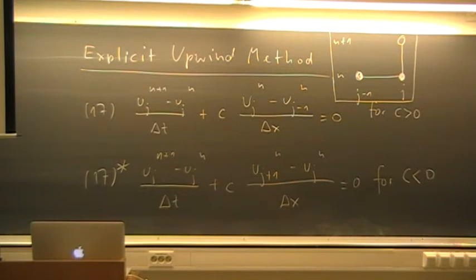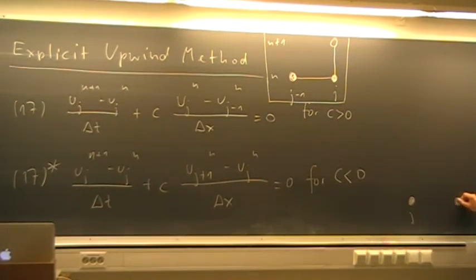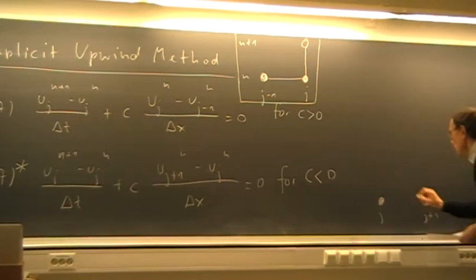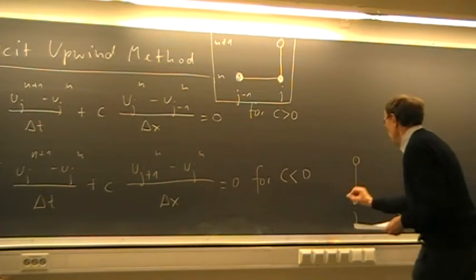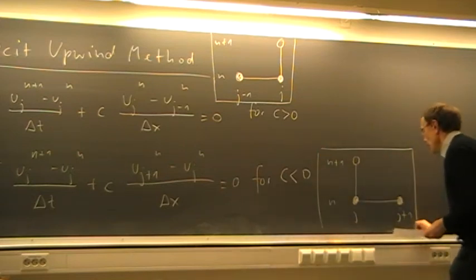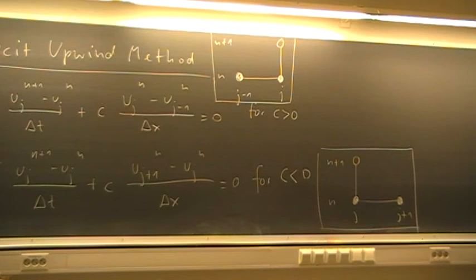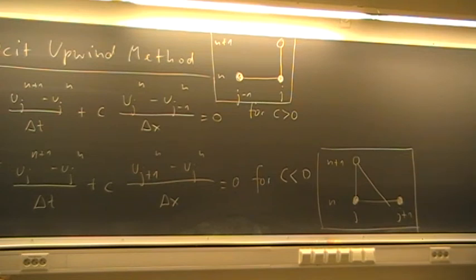So the difference stencil for that looks like this: we have the j here, and then we have here the j plus 1. Here is our unknown. This is time level n, this is time level n plus 1. That is our difference stencil. And if we think of the characteristics, then the characteristics will go hopefully like something like that.